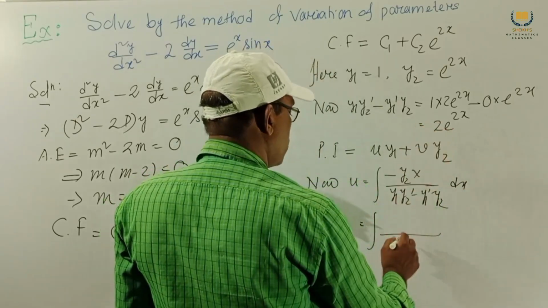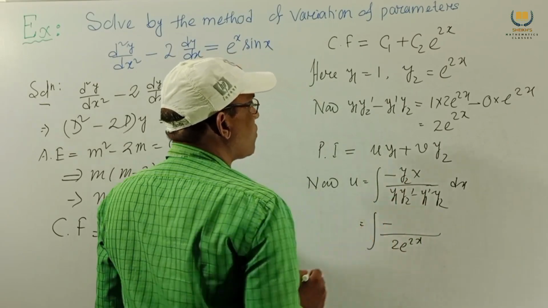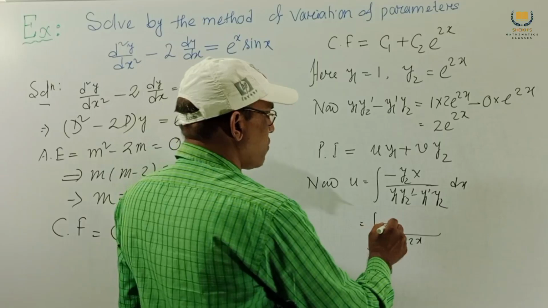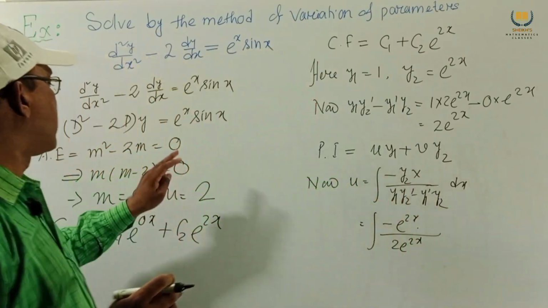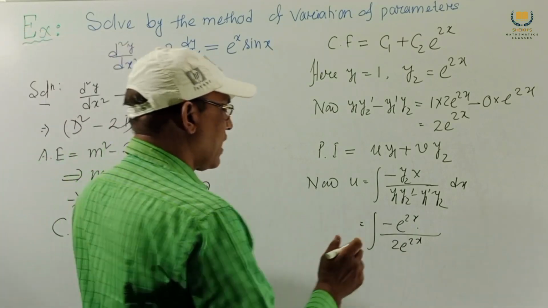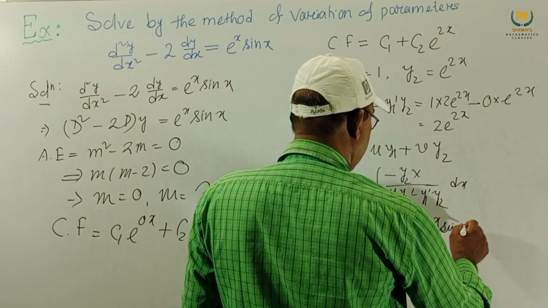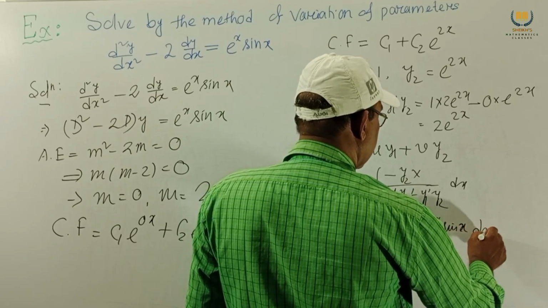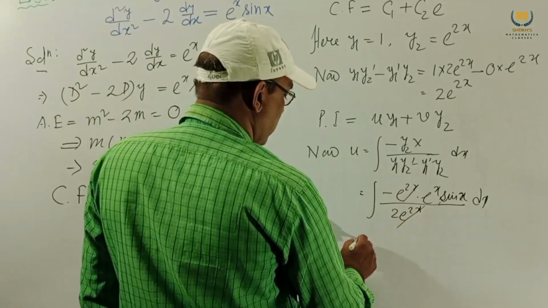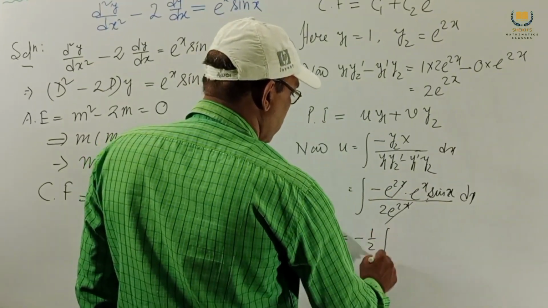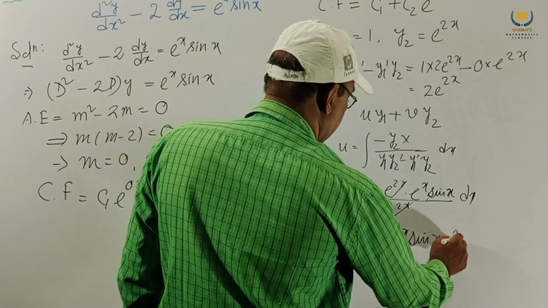This value is 2 e to the power 2x, and this is y2. y2 means e to the power 2x, and X means the right hand side, e to the power x sin x dx, and these two will be cancelled. We get minus 1 by 2 integration e to the power x sin x dx.